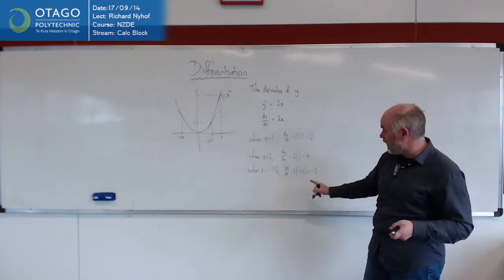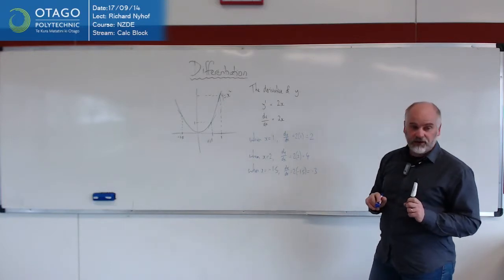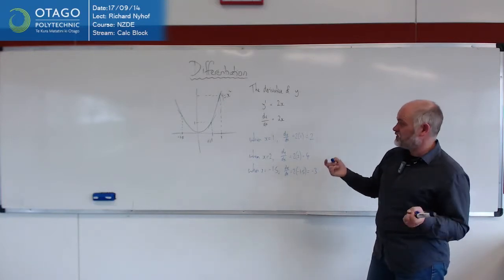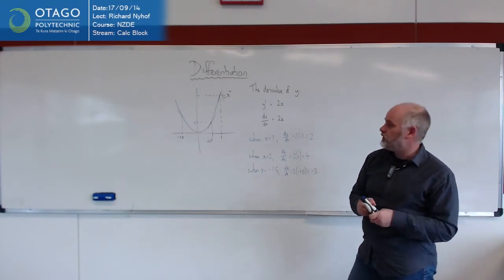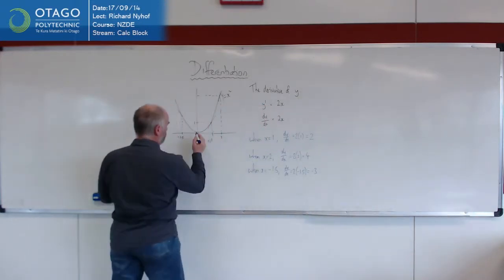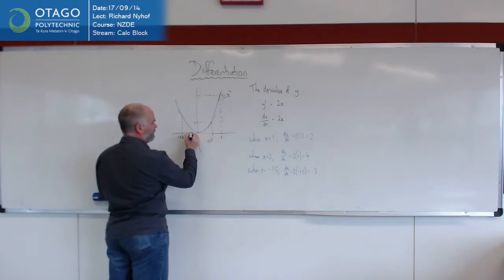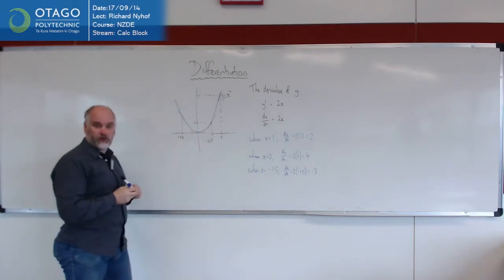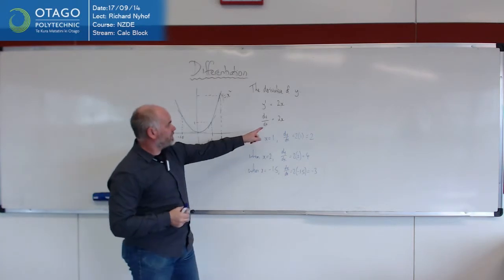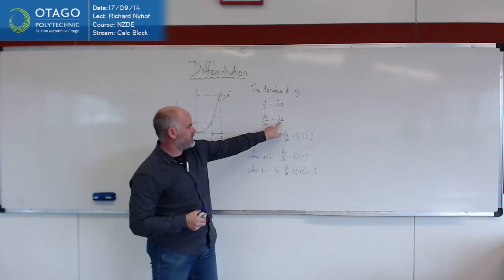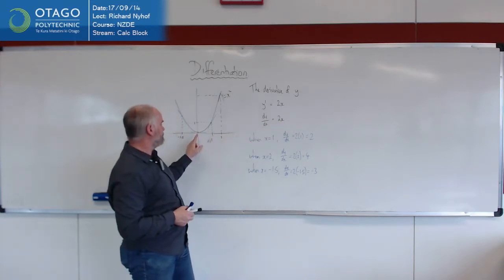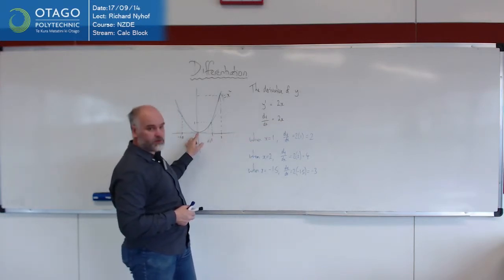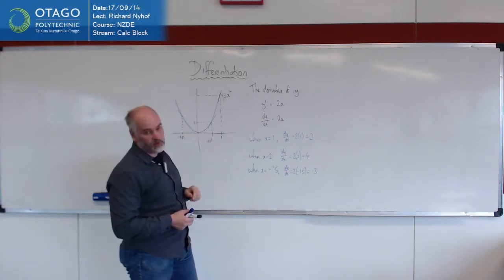So it gives us the sign as negative because it's going downhill, and it gives us the size of the thing as well. And then there's a fun point that I alluded to last time, which is that this point right at the bottom is where the slope should equal 0. So this is the point where the slope equals 0, and as you can see, to make that true, x has to be 0. So in this particular case, the derivative is equal to 0 at the point x equals 0, which makes sense in the parabola.